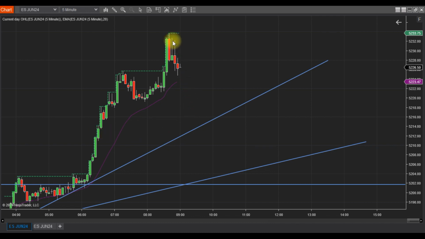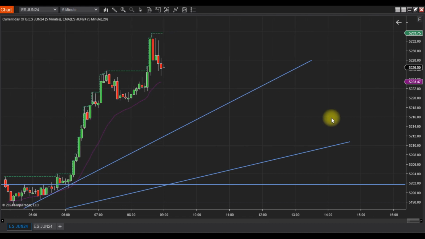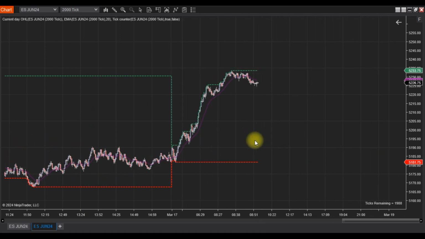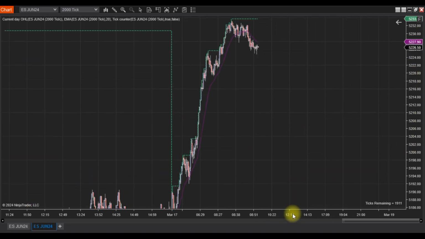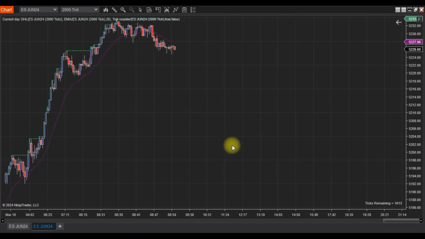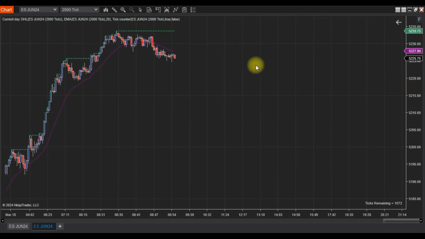We do have a leg down here. Maybe if we got something like leg, break, leg, it would be a high 2 setup on a 5, and that might be something interesting to consider taking. I do have a 2,000 tick up as well. I've been trading the 5 more and more. I've been studying a lot more of Al Brooks, and when it comes to actually seeing bar patterns, I feel like I see them better on the 5 minute.